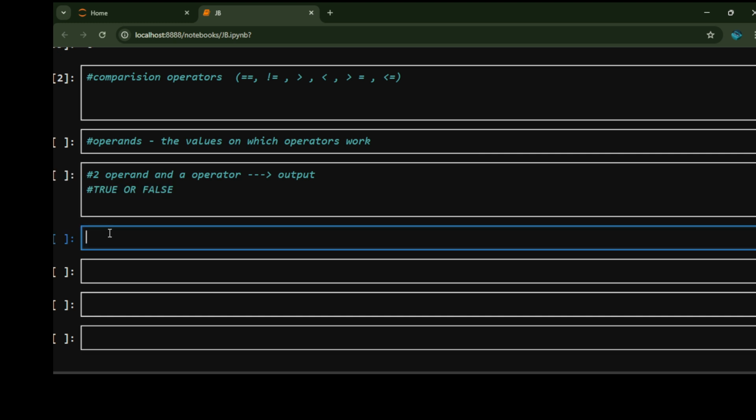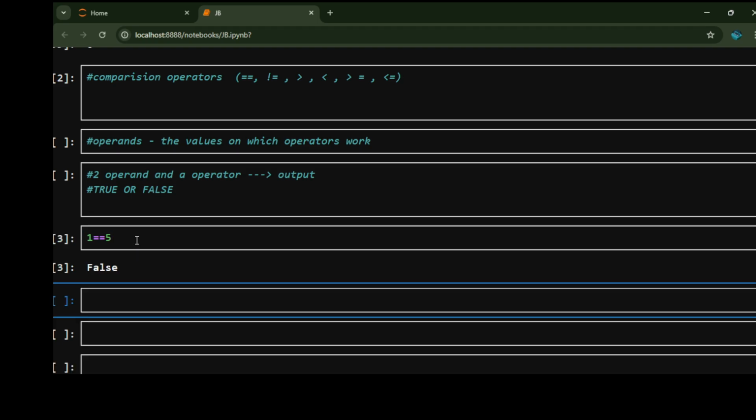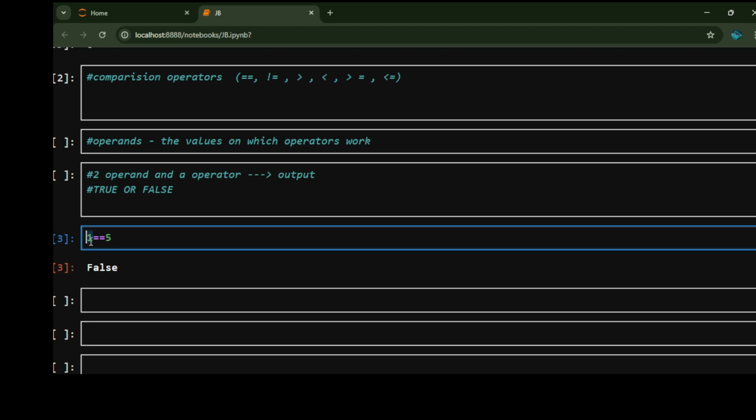Here we have a simple value. Let us take 1 equals to 5. What is this? The output is false. How is this executed, what is the working principle? Python checks whether the left hand side value is equal to the right hand side value.